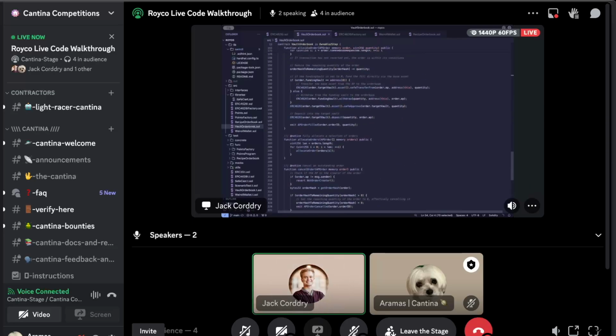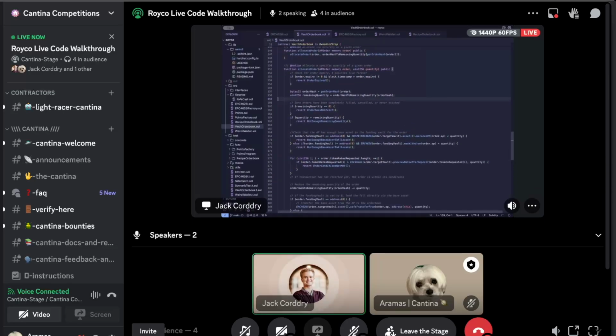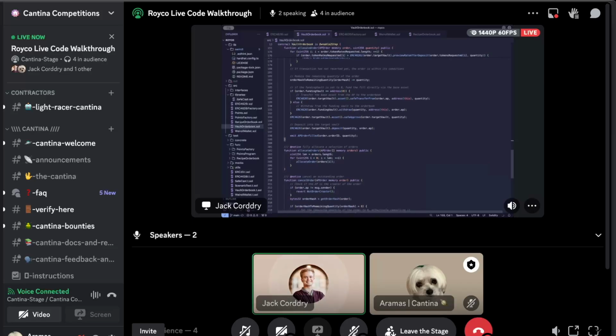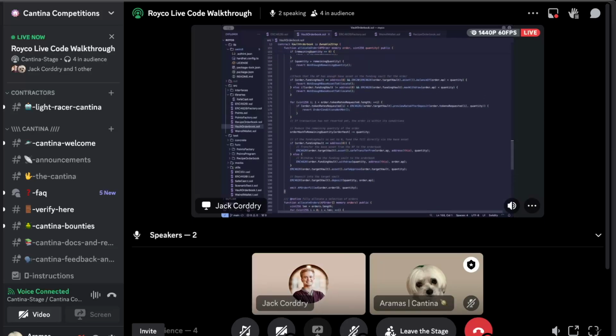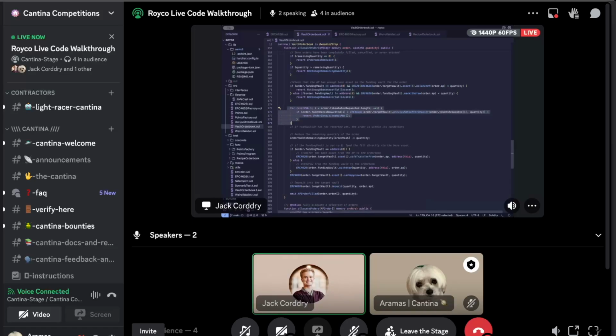And then we have this allocate order function, which iterates through each of the tokens that you want and calls this preview rate after deposit to say, okay, if this quantity could be fully allocated into that vault, and the rates that this person is receiving stay above his preferences, then we'll say the order conditions are met, and we will withdraw him from one vault, deposit him into the next one, and move on.